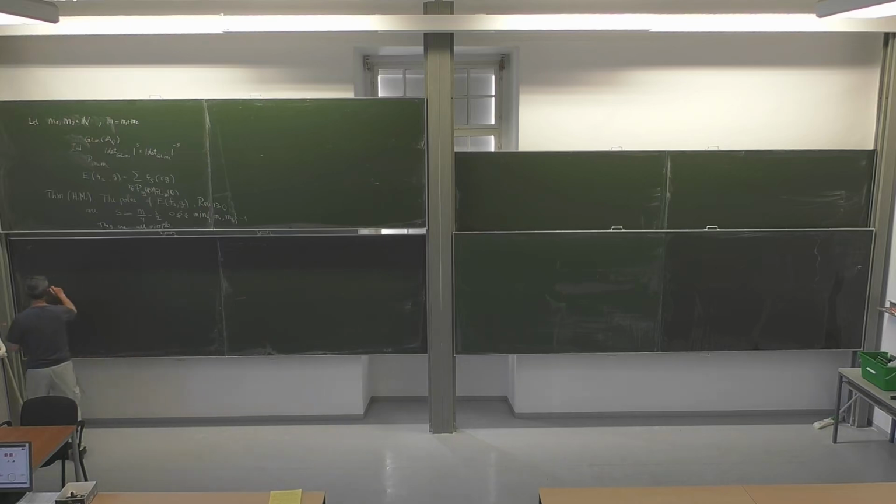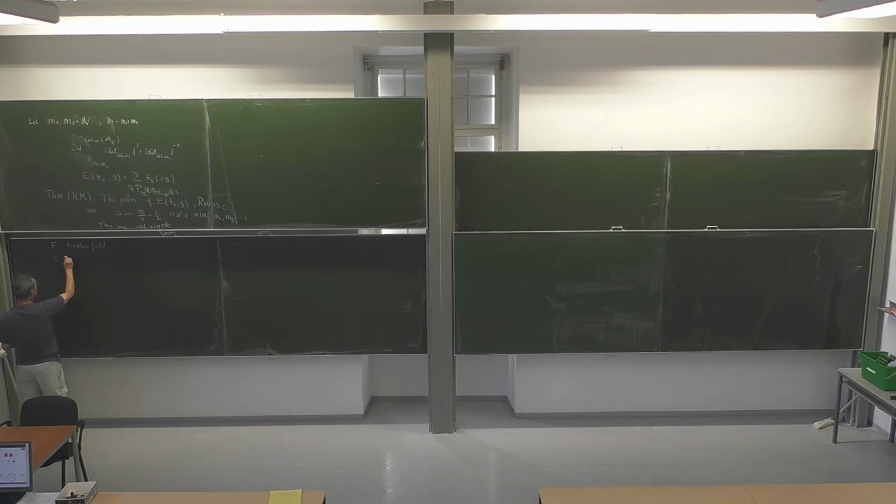So in order to state the generalization, let me recall the definition of a Speh representation. Now we'll take F a number field, and A will be the ring of its adeles.